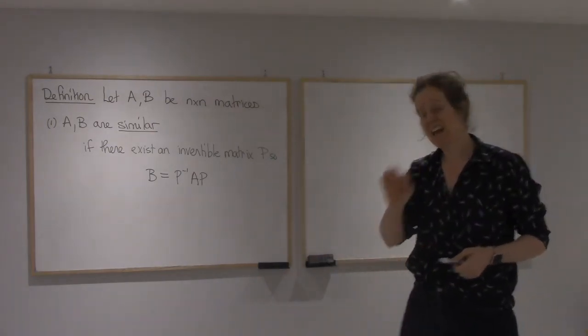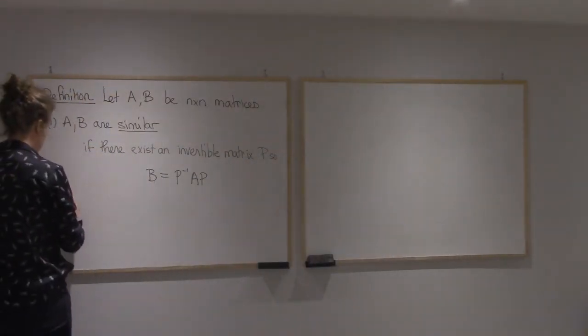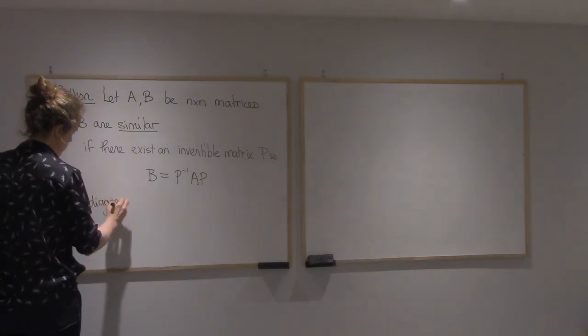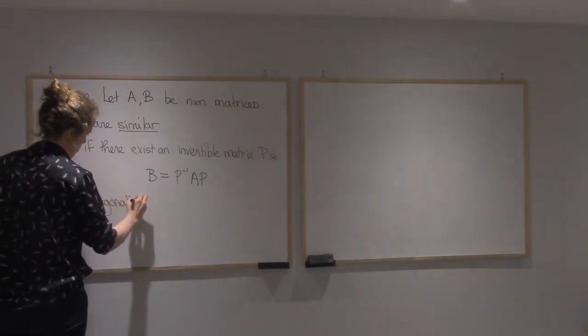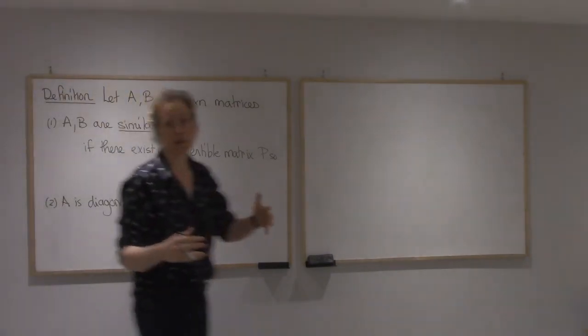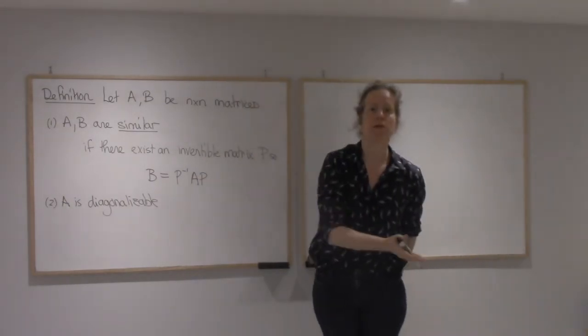And we'll say that A is diagonalizable if it is similar to some matrix which happens to be diagonal. So all entries are 0 except on the diagonal.